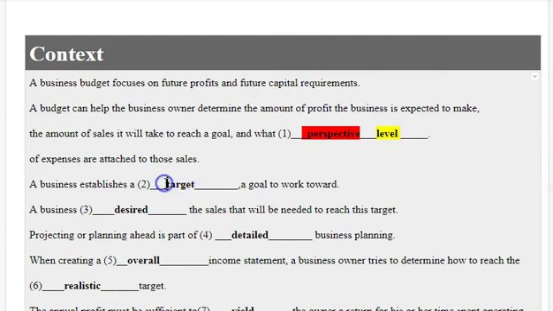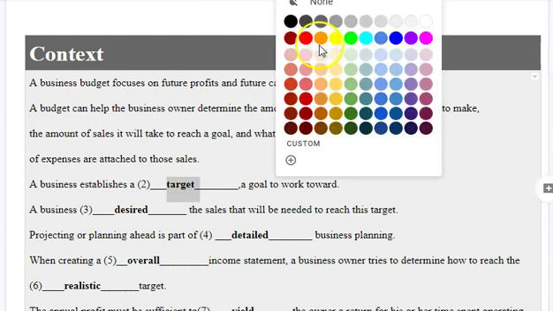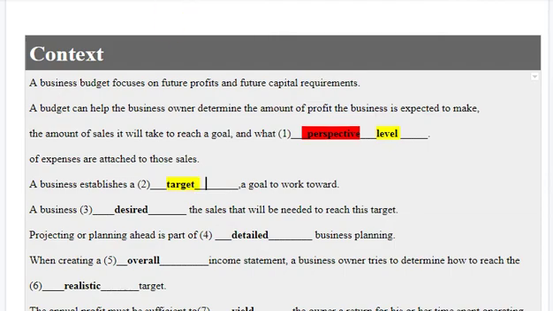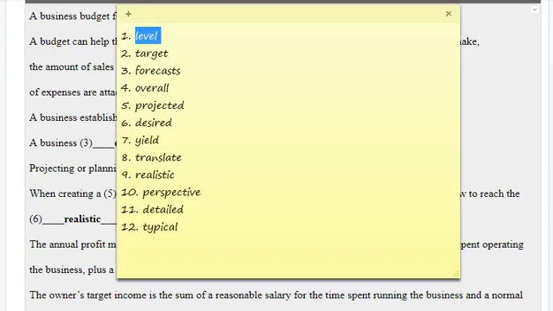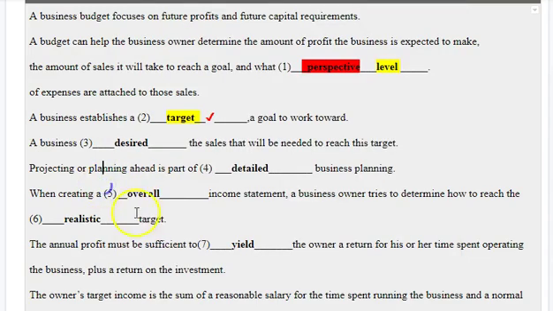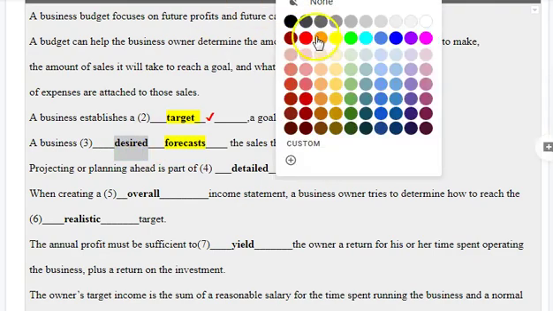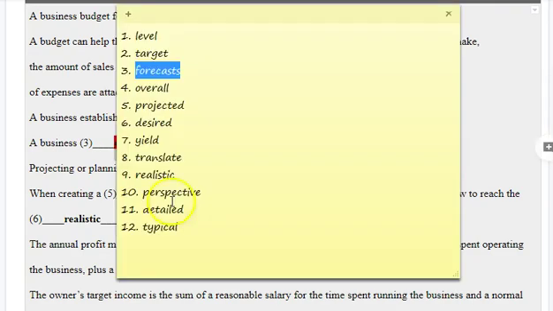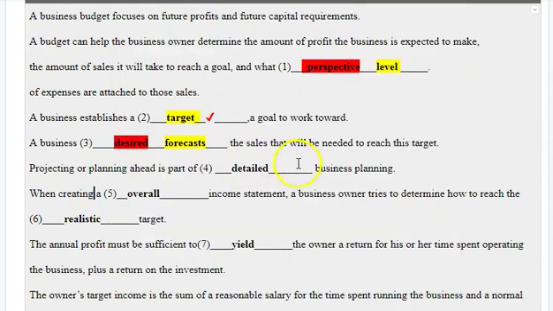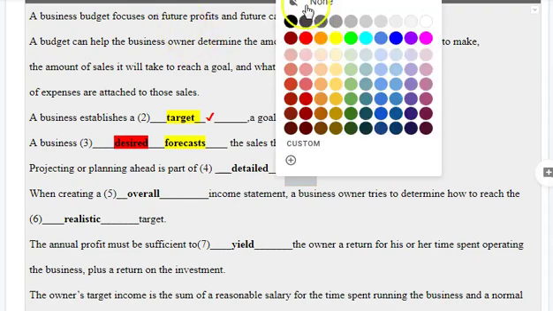A budget can help the business owner determine the amount of profit the business is expected to make, the amount of sales it will take to reach a goal, and what level of expenses are attached to those sales. A business establishes a target, a goal to work toward. A business forecasts the sales that will be needed to reach this target.